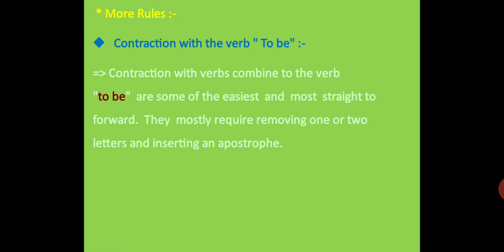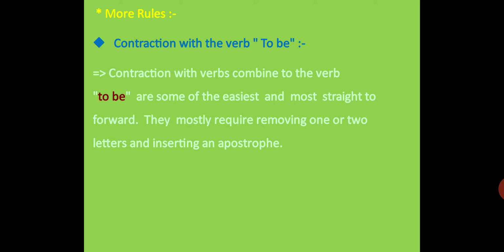Let's learn more rules to form contraction form. Contractions with the verb to be. Contractions with verbs combined to the verb to be are some of the easiest and most straightforward.